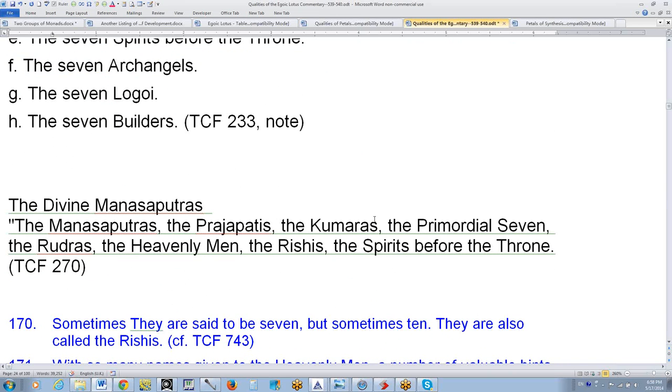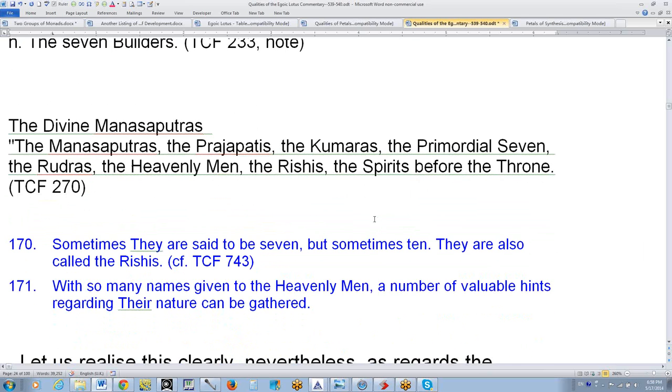Also here, divine Manasaputras, Prajapatis, Kumaras, primordial 7, Rudras, heavenly men, Rishis, so many names, but essentially we're looking at this whole question of the egoic lotus, starting from a large perspective. Sometimes they are said to be 7, but sometimes 10, and they are also called rishis.